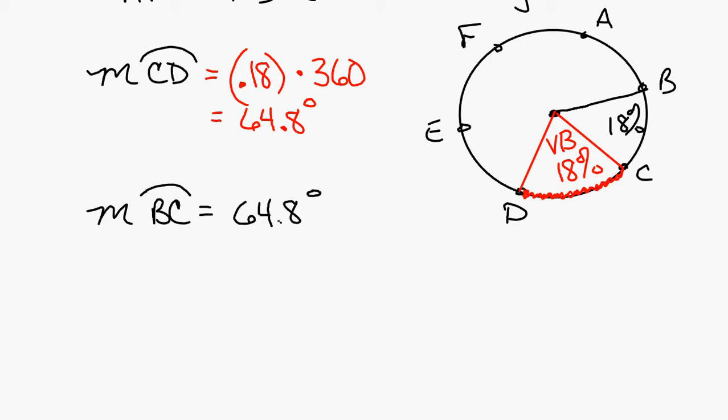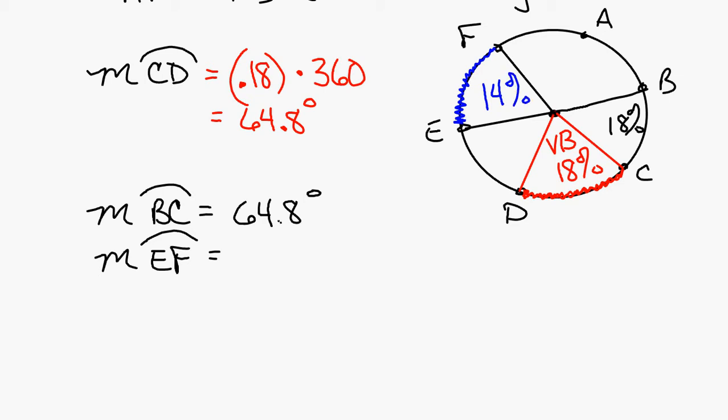Okay? Let's find the measure of arc EF in this picture. Arc EF is this blue arc right here, from E to F. And that portion of the pie takes up 14%.